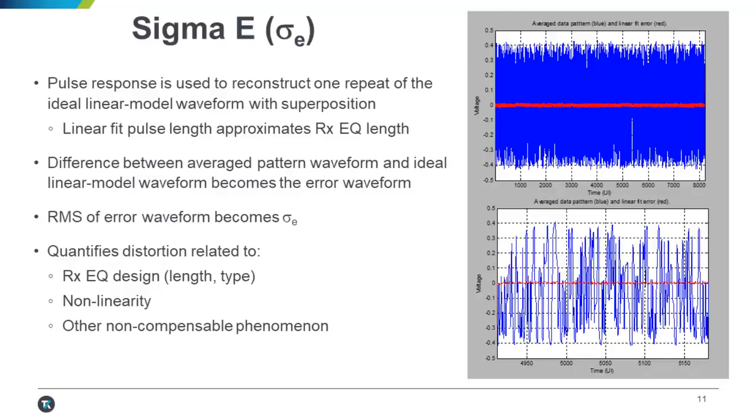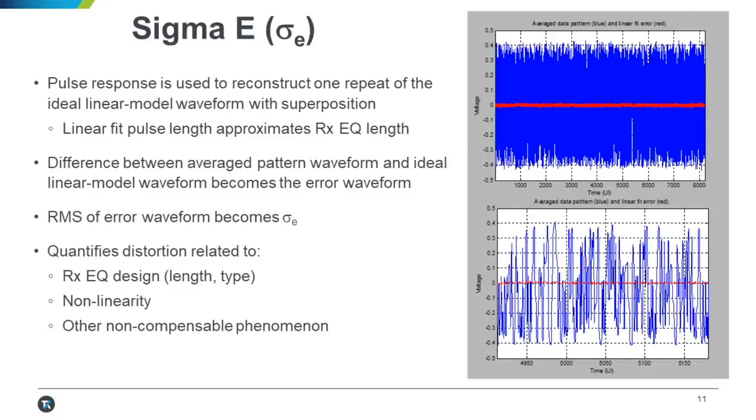I mentioned we were able to establish a pulse response with this linear fit approach. Once we have that, we can take that in hand with the concept of superposition, and we can reconstruct one occurrence of the pattern.